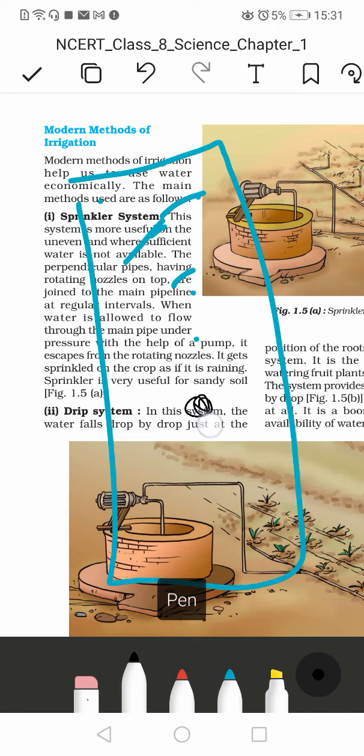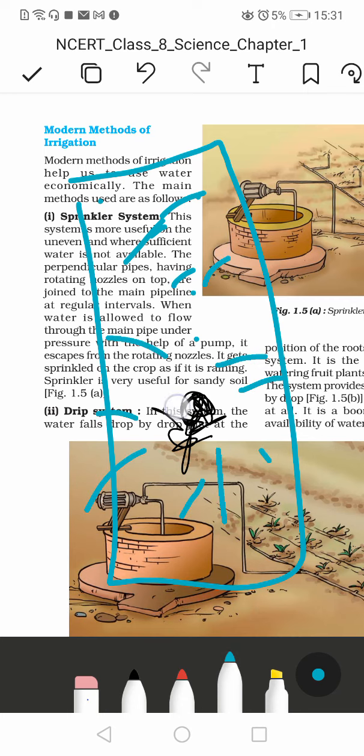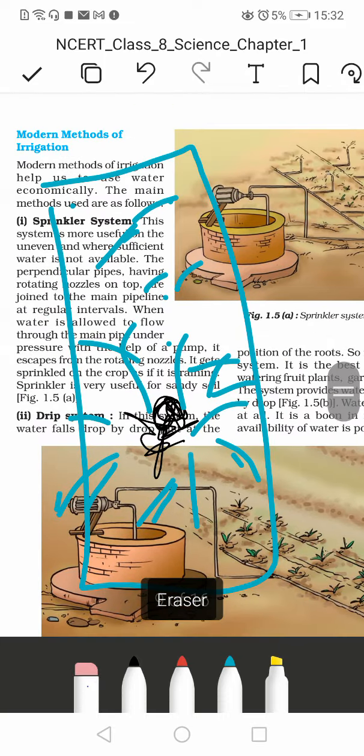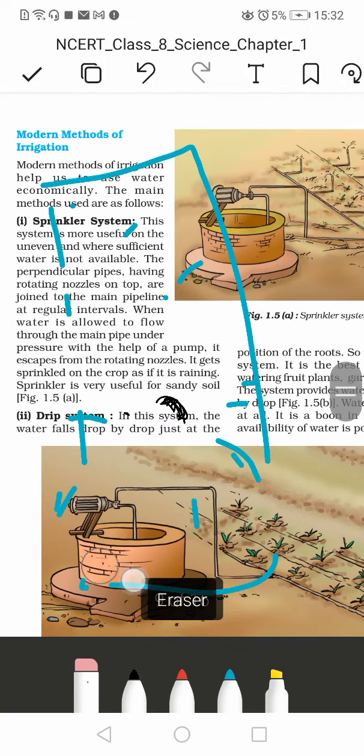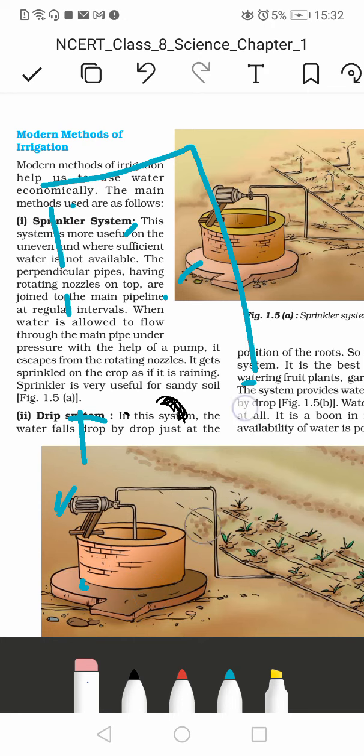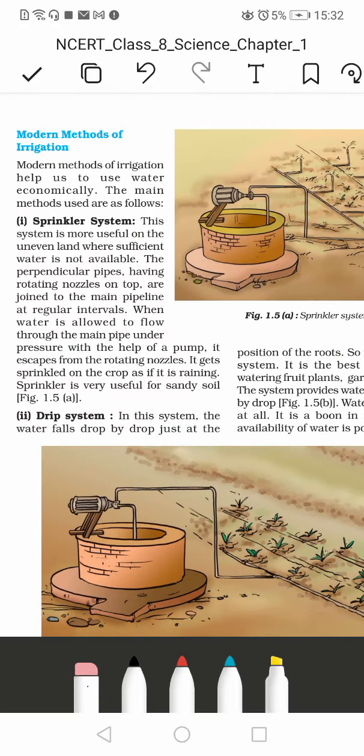That means there's a machine-like structure, very small, letting out water, drizzling water. I'm pretty sure most of us have seen it in local gardens and parks, early morning and evening.